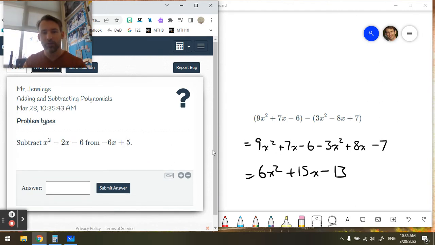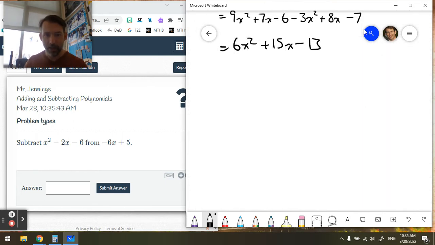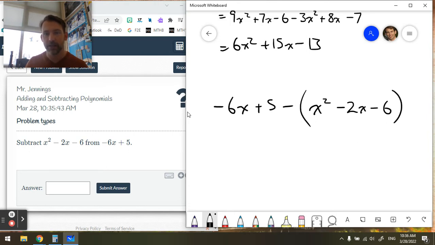Aha. So subtract this from this. So let's take a look at how we want to write this. I'm going to start with the one that I'm subtracting from. Minus 6x plus 5. And then I'm going to subtract, put it in brackets, x squared minus 2x minus 6. Okay? Remove the bracket by expanding this negative in there using the distributive property.